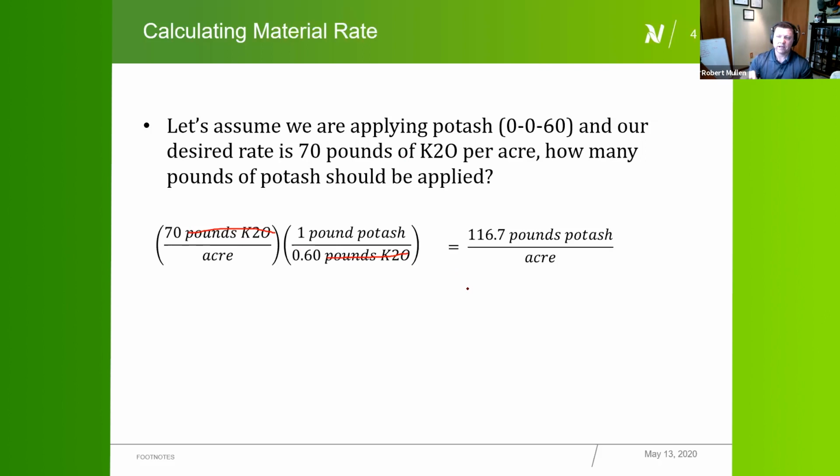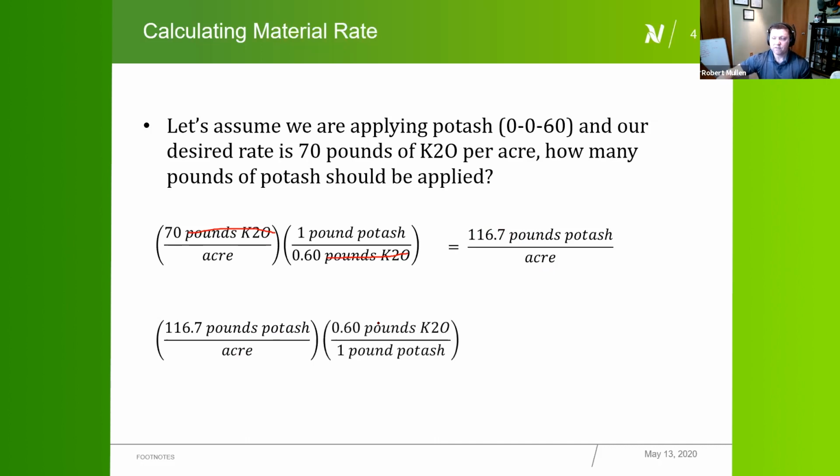Now, here's a point where we can actually do a check to make sure that this calculation is correct. So we're starting back now. I know I'm putting on 116.7 pounds of potash per acre. I'm employing dimensional analysis again. I know that for every pound of potash that I supply, I'm supplying 0.6 pounds of K2O.